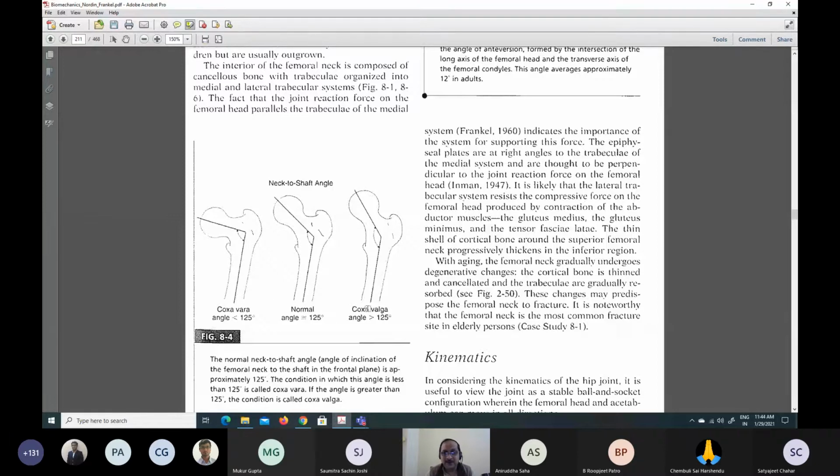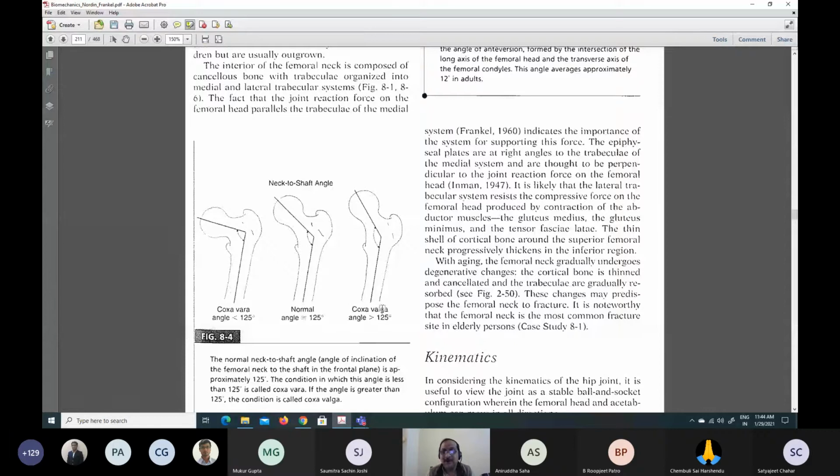One is varus deformity, the other is valgus deformity. This is common in a host of population. So there may be some normal neck shaft angle, say around 125, 130, up to 135. But there may also be cases, as you can see here, where the neck shaft angle is less than 125 degrees. So this is called a varus case.